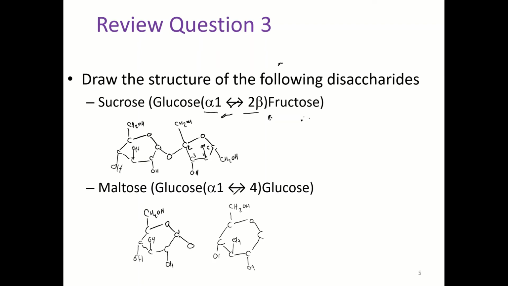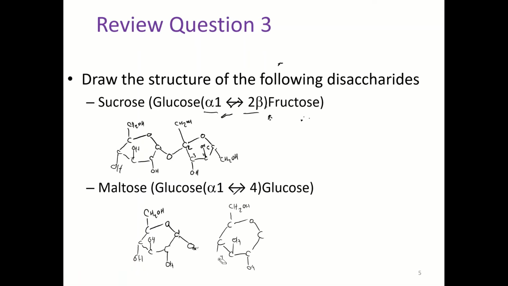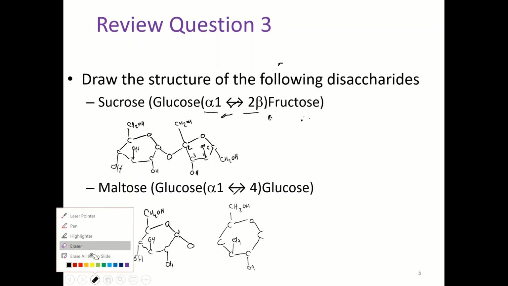So this would typically be pointing down. This is the oxygen that has to bond basically here, right? They're both facing down luckily, so this is going to be easier to show. We just draw that bond down, connecting the two.